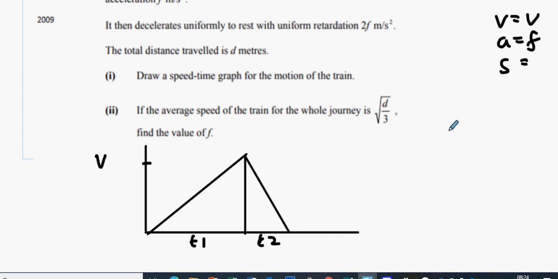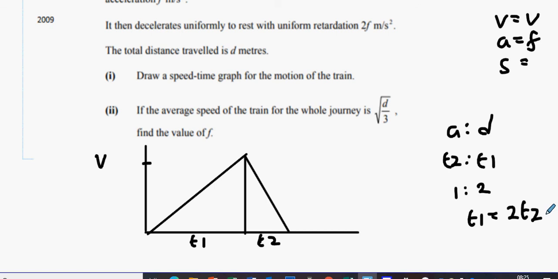The ratio of acceleration to deceleration is the same ratio as t1 is to t2, the opposite times. So acceleration to deceleration is the ratio of 1 to 2. Essentially, t1 is twice t2.